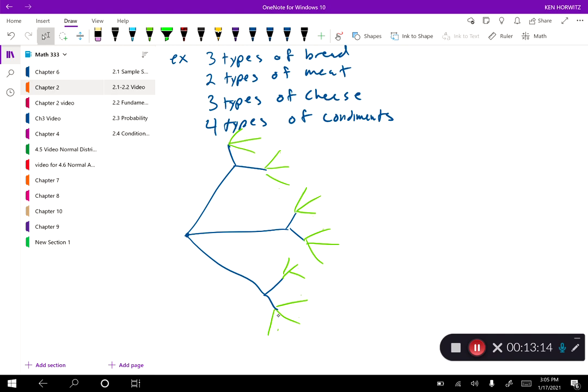And the pattern basically said, if I take the 3 types of bread and multiply times my 2 types of meat, and multiply times my 3 types of cheese, and multiply times my 4 types of condiments, it's going to equal the same number of sandwiches as if I wrote out the sample space or made that tree diagram. So why don't you guys multiply this out for just a minute, and I'll give you the answer in about 10 seconds.